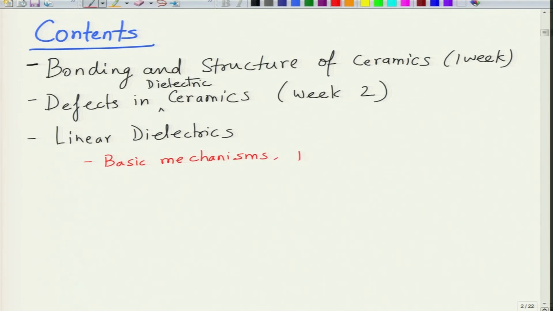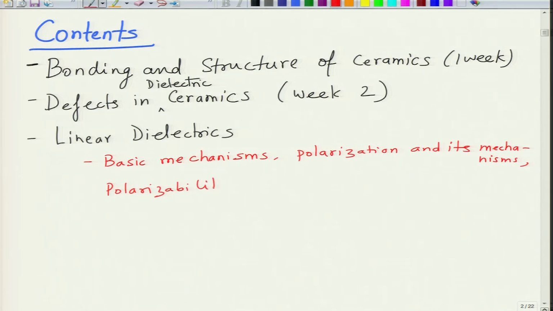We will look at what is polarization and its mechanisms. Then we will look at what is polarizability. We will look at the frequency dependence, and of course dielectric constant here, that is also an important bit.